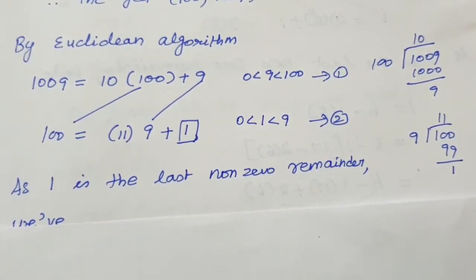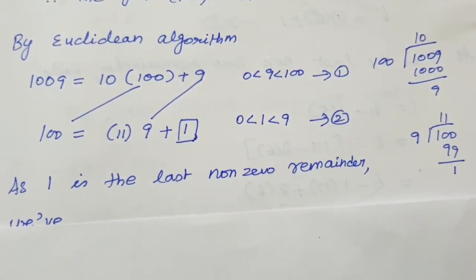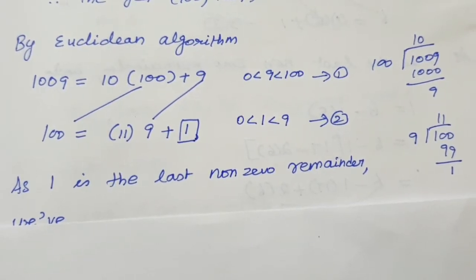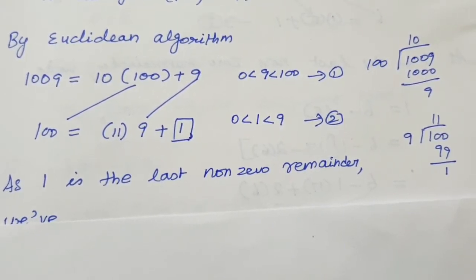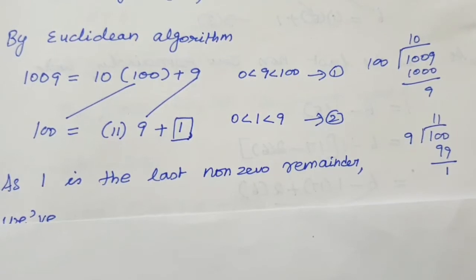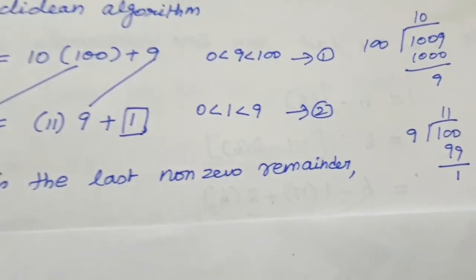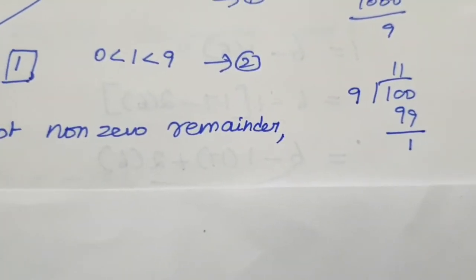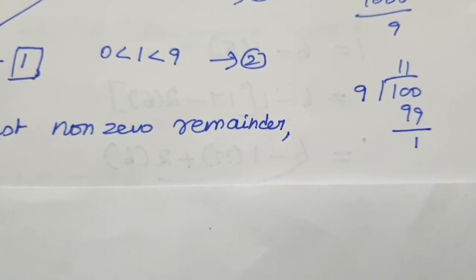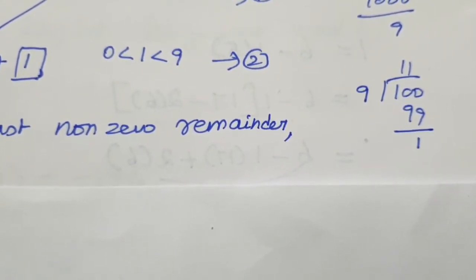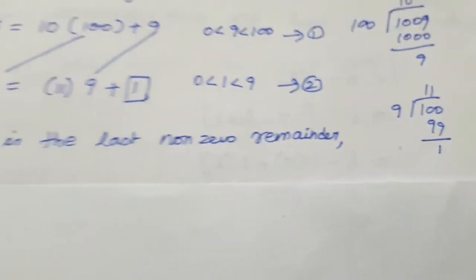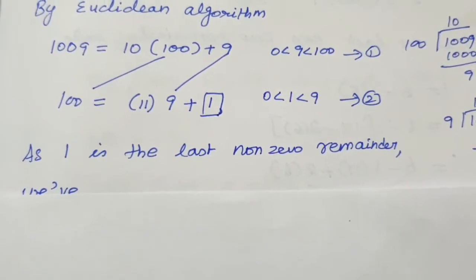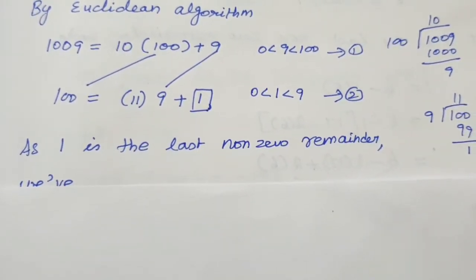When we move on to the second step, the divisor is turned into the dividend and the remainder is turned into the divisor. So you divide 100 by 9, and you get the quotient 11 and remainder 1. Therefore 100 can be written as 11 times 9 plus 1.